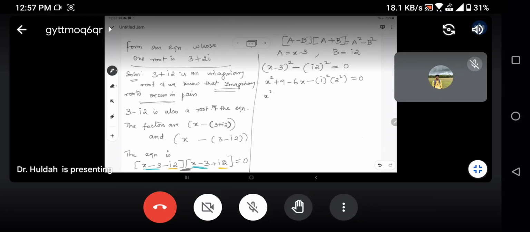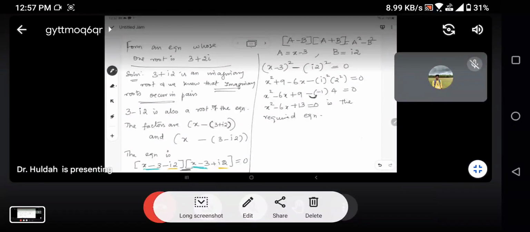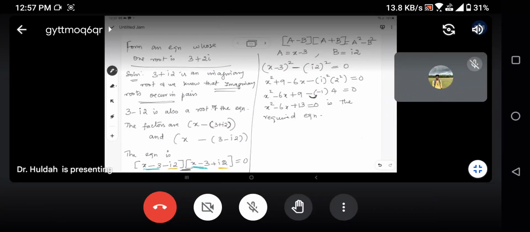So you get x squared minus 6x plus 9 minus i squared, which is minus 1. So you get x squared minus 6x, this becomes plus, minus into minus. So 9 plus 4, 13, equal to 0 is the required equation. Did you all follow this? Yes, ma'am.